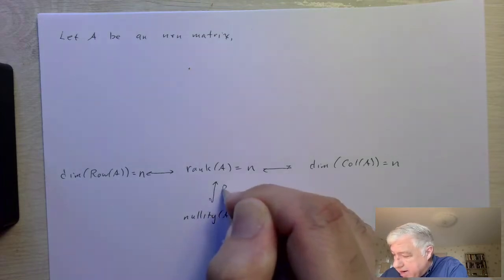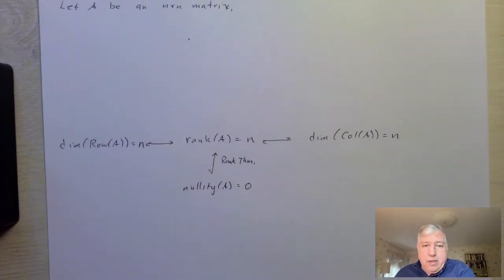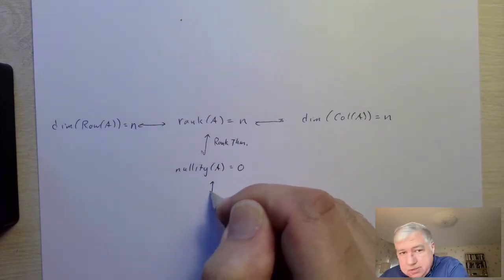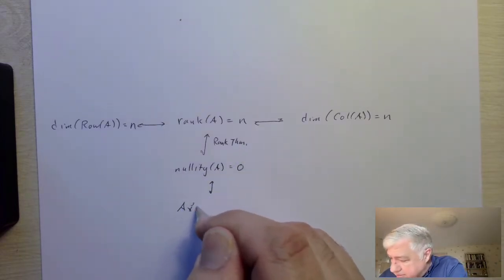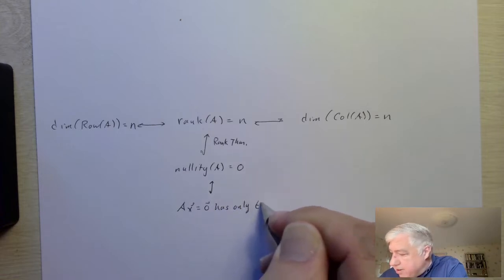And remember, the nullity is the dimension of the null space, and the null space is the set of all vectors x such that A times x is equal to 0. So if the dimension of that subspace is 0, then that subspace only has the 0 vector as an element. So this is equivalent to saying that AX equals 0 has only the trivial solution.